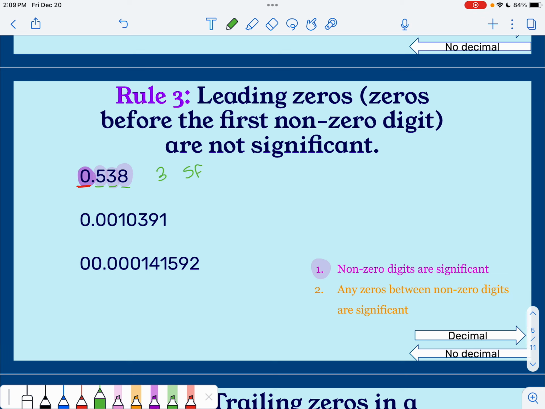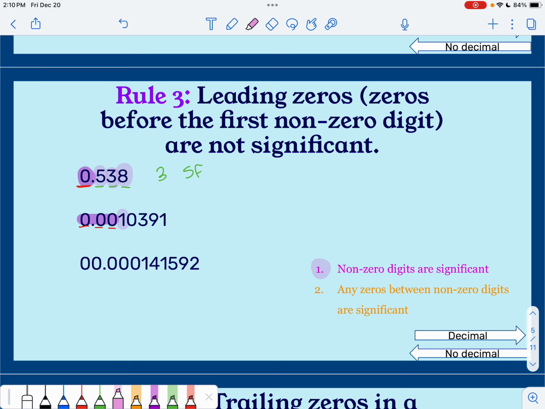Let's do the next example. So now there's a whole lot of zeros. So we're going to go with all the zeros until we hit the first non-zero digit, which in this case is a 1. So none of these zeros are significant because of rule 3. So now what about the rest of the numbers?